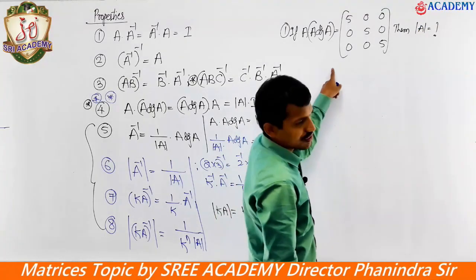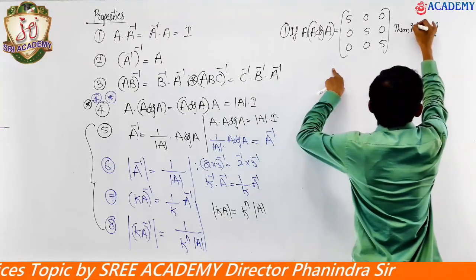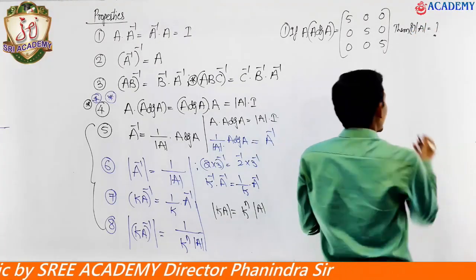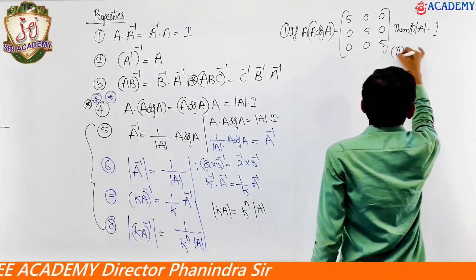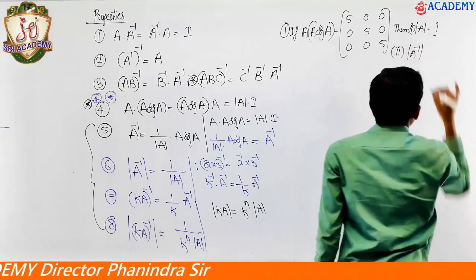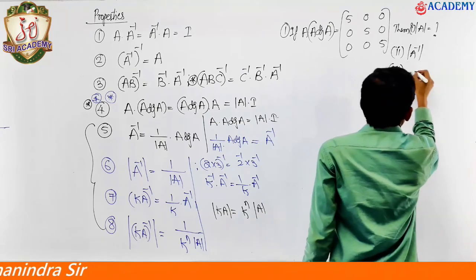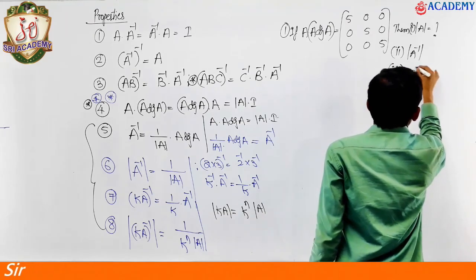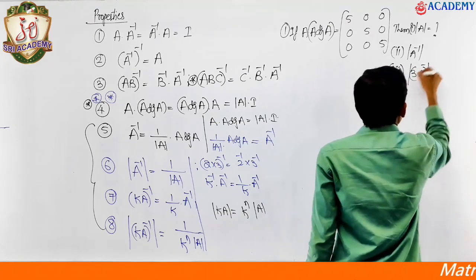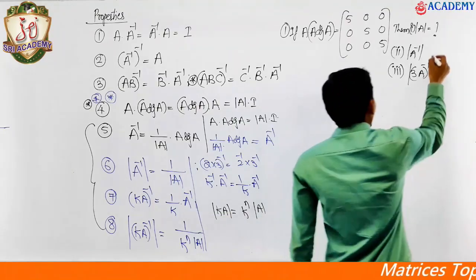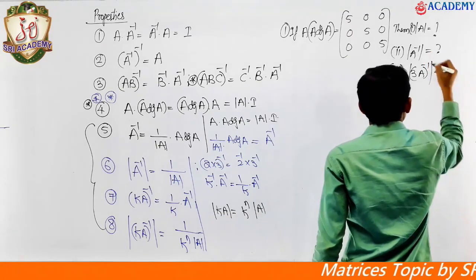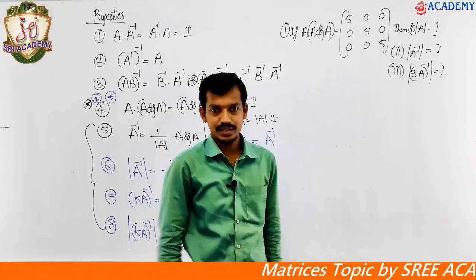He will give this question. He will ask what is determinant of A. Either you can ask what is determinant of A inverse. Either you can ask determinant of (3A) whole inverse. He may ask this type of questions here. Any one question you may ask.